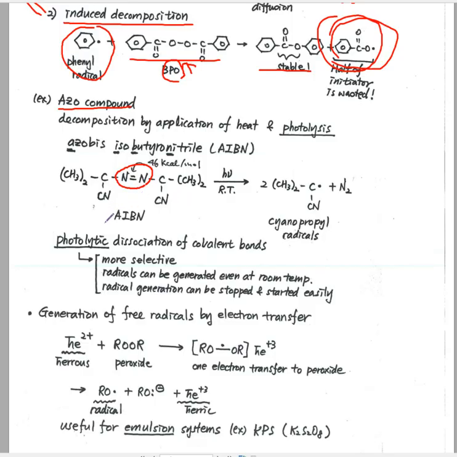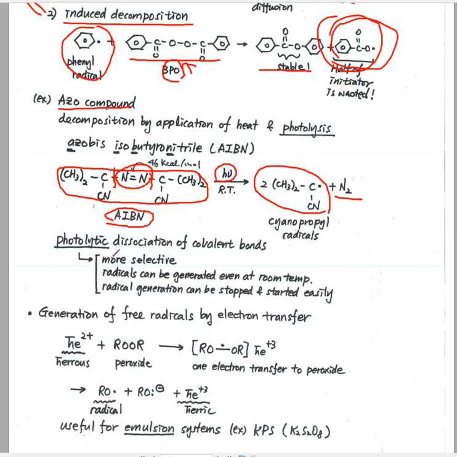This molecule is called azobisisobutyronitrile, abbreviated as AIBN, which looks like this, and is also a symmetric molecule. If you shine light, for example ultraviolet light, then you break this bond, forming 2 moles of this radical and nitrogen gas.